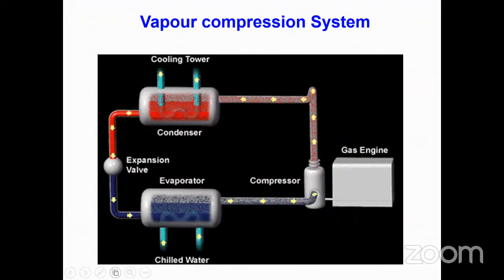Since it is a chilled water system, the evaporator is called the chiller. Then again the low temperature vapor goes to the compressor, and the cycle repeats.